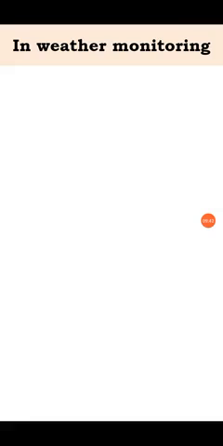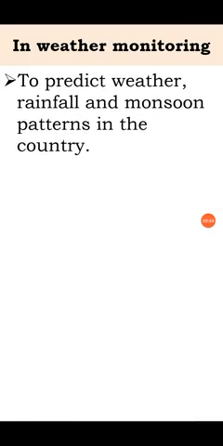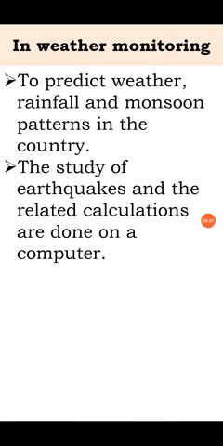In weather monitoring, to predict weather, rainfall and monsoon patterns in the country, the study of earthquakes and the related calculations are done on a computer. The weather forecast informs us about the rainfall, monsoon, and earthquake related information.